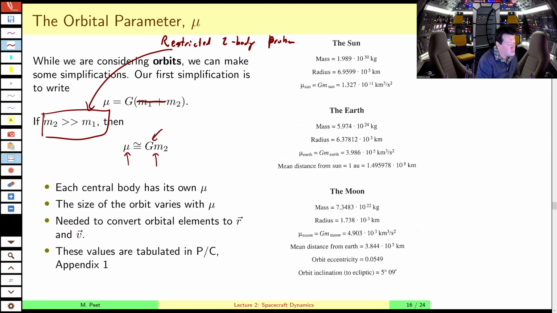In the case where the things we're considering are of relatively low mass, we don't need to consider that mass in coming up with our equations.